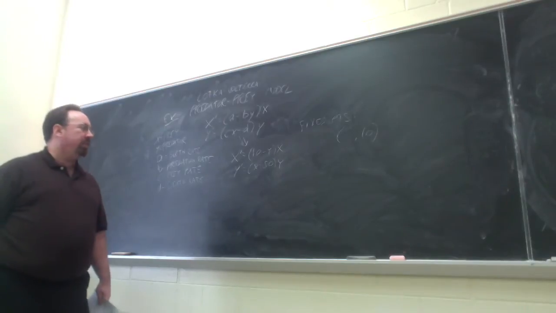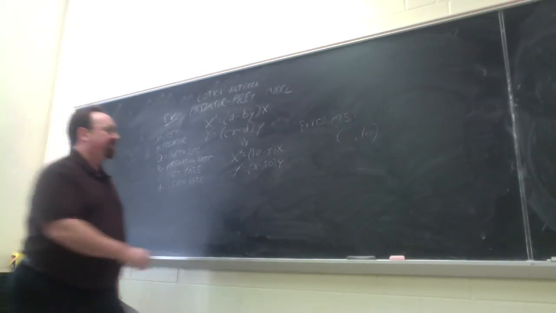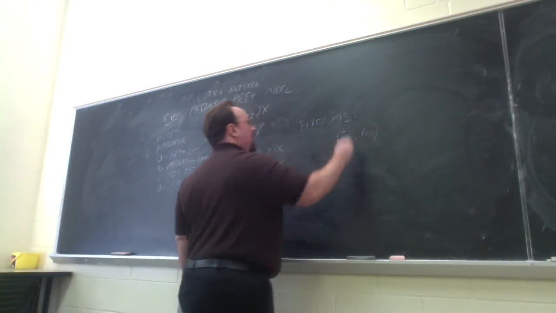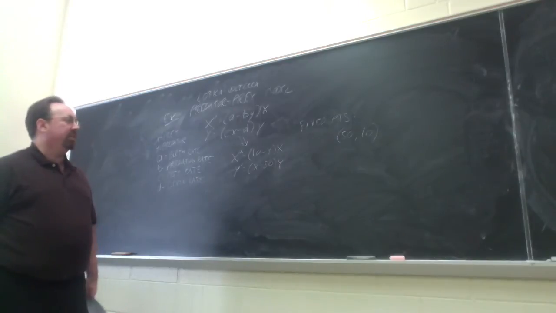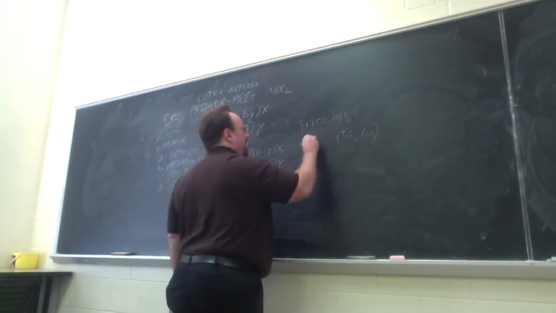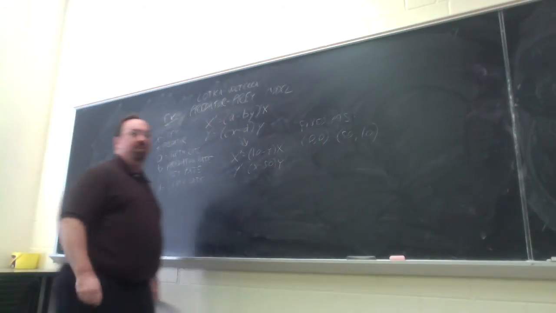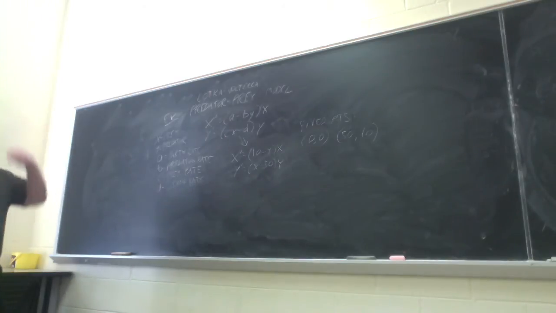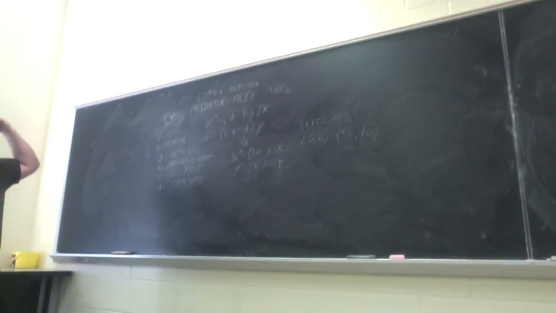Okay, but then if y is equal to 10, does it matter what x is equal to? In this case, yes. 50. Oh, 50, sorry. Yeah, so that's one fixed point. Right. And what's the other one? There's one more. 0, 0. Yeah, so it makes sense that if both populations are 0, then it's supposed to stay at 0 for all time. Right. There's no eating going on at all.